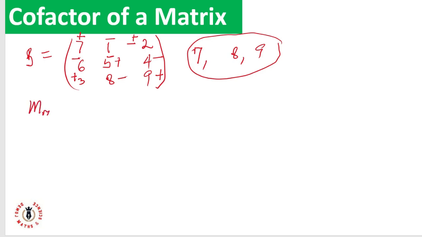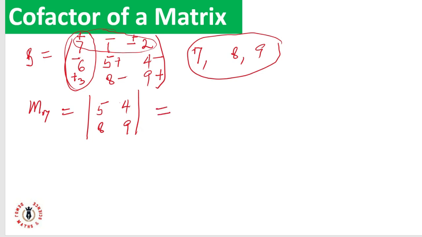Now, to find the cofactor for 7, I'll be interested in the minor first. Let's see what M7 will look like. The minor for 7, if you pick the column and row around 7, we'll be left with 5, 8, 4, and 9. So the determinant of this is 5 times 9, that's 45, minus 4 times 8, that's 32.